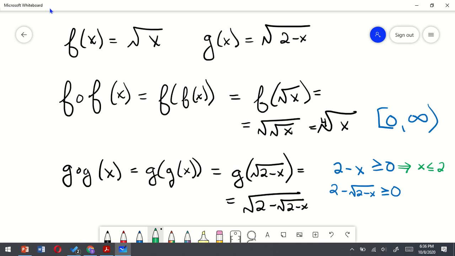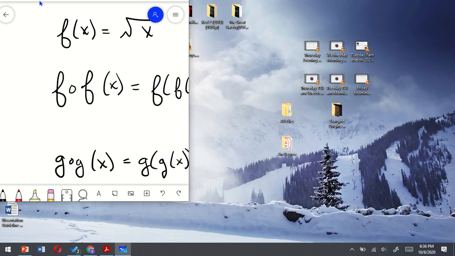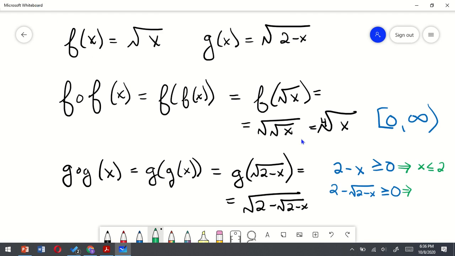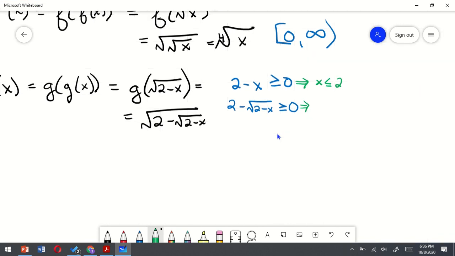This second piece, however, is equivalent to saying, I think I deserve a little more writing space. Okay. That's equivalent to saying the square root of 2 minus x, or here, I'll write it in a way that's clearer.